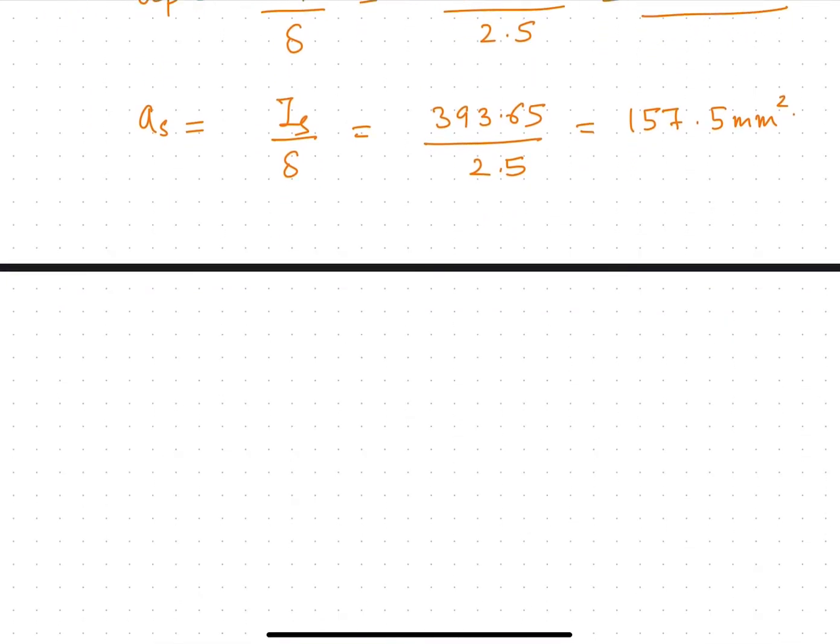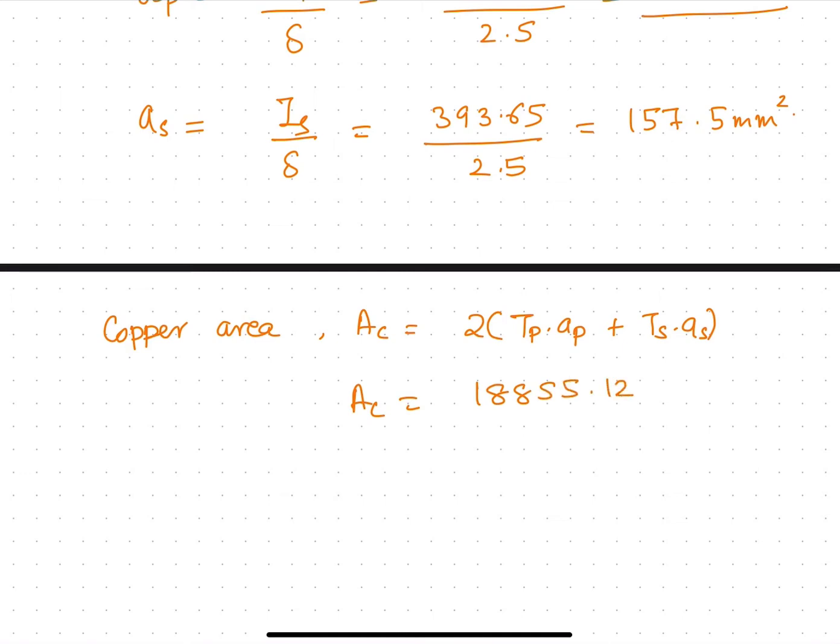Now we will then calculate the copper area. In the window, AC is equal to 2 times TPAP plus TSAS, and when you substitute these values, you get AC equal to 18855.12 mm squared.